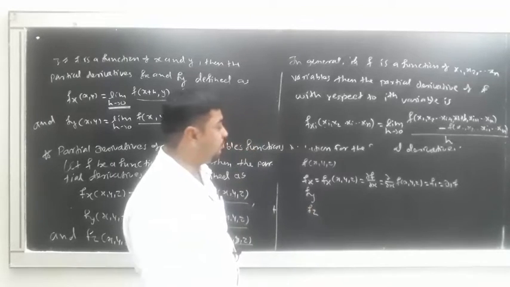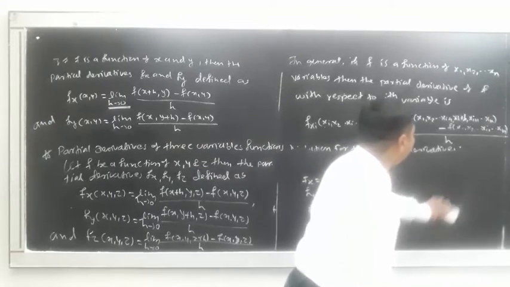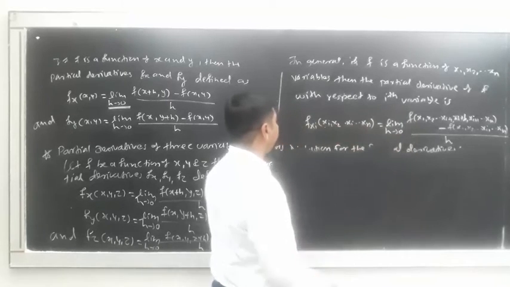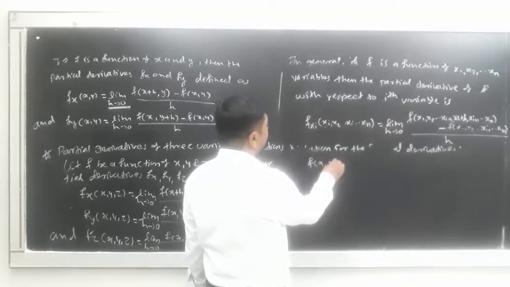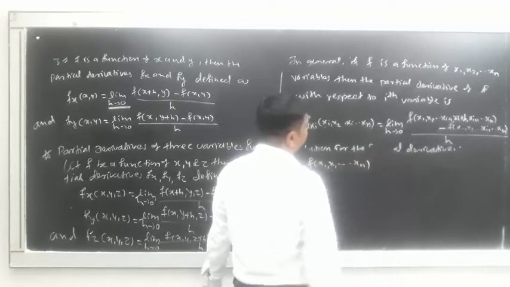If it is an n variable function, how do we denote this? f(x1, x2, and so on, xn) is the function.